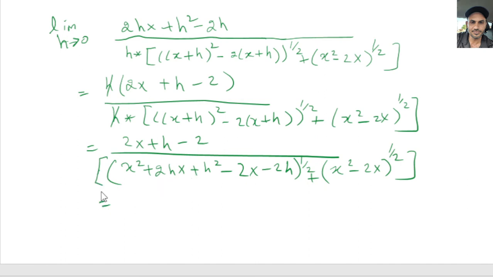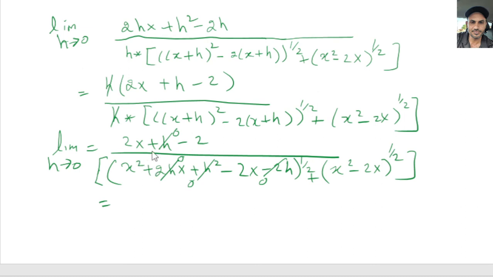All right, now as h goes to 0, limit as h goes to 0, a lot of terms that have h in them are going to go to 0. So this h goes to 0, this term goes to 0, this term goes to 0, this term goes to 0 as well.